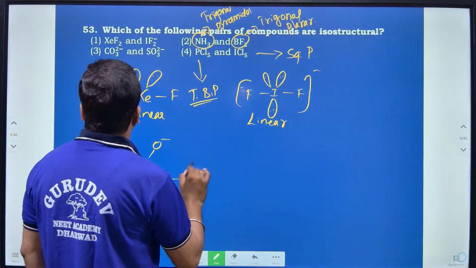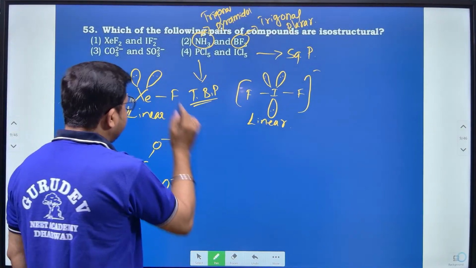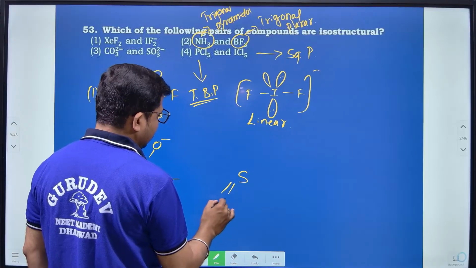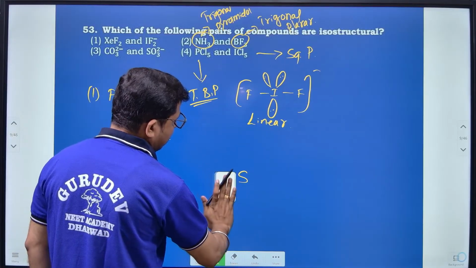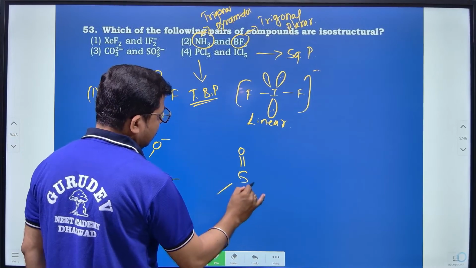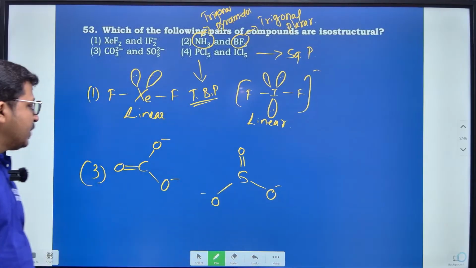Next, this one is the third one, and SO3 2 minus. This is the structure of SO3 2 minus.